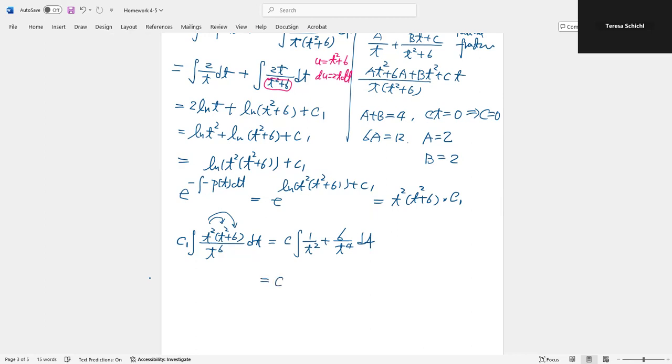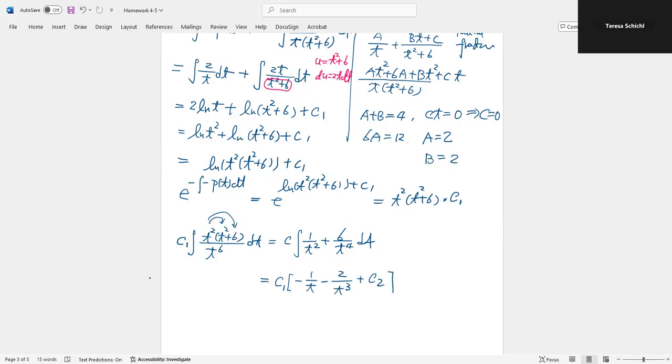This will be c times 1 over t squared, whose integration is negative 1 over t. Then the 6 over t to the 4th, the integration will be negative 2 over t cubed. Then plus your c2 here.